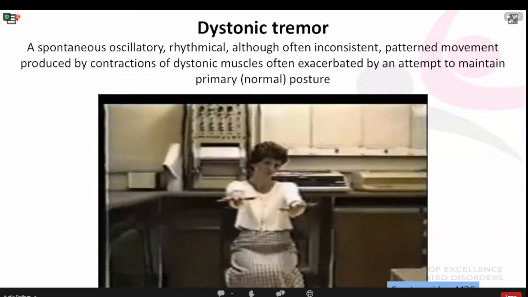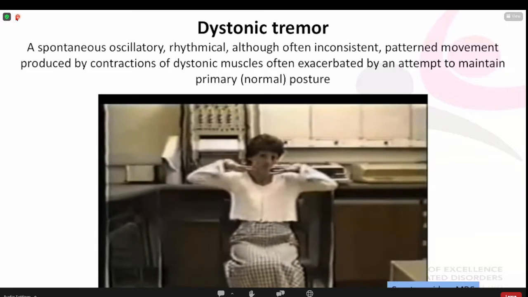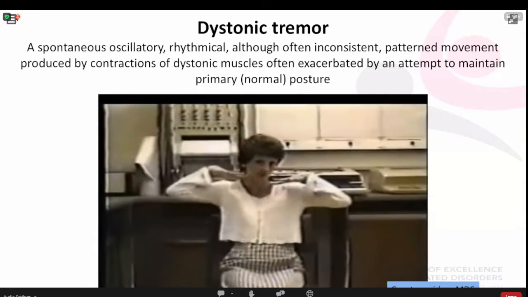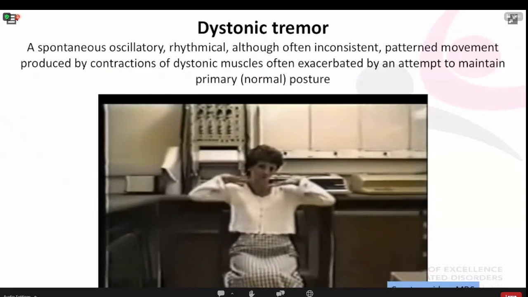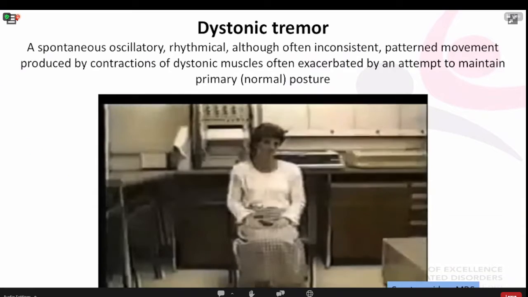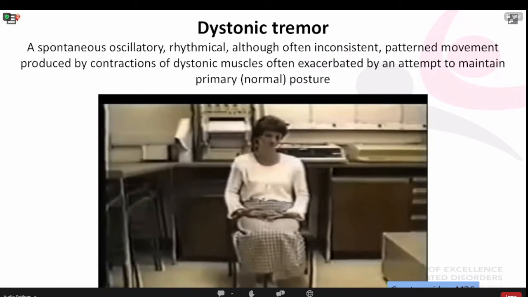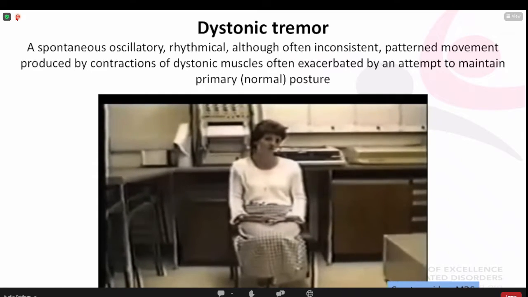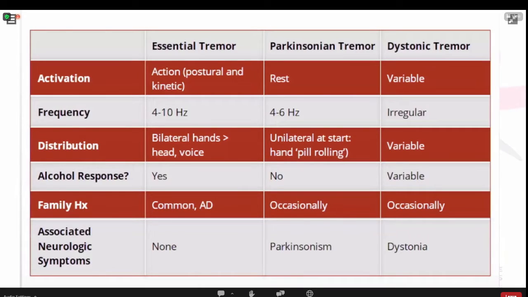She has dystonic tremor, which is a spontaneous, rhythmical, although often inconsistent, oscillating movement produced by contraction of the dystonic muscle and may be exacerbated by the attempt to maintain the primary posture. This is the comparison of essential tremor, Parkinsonian tremor, and dystonic tremor.